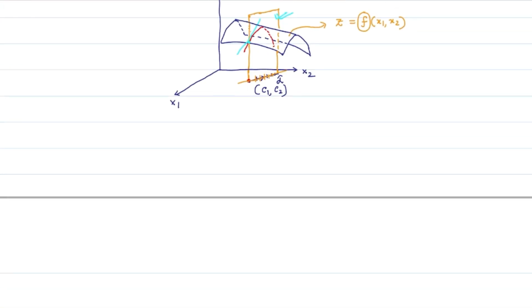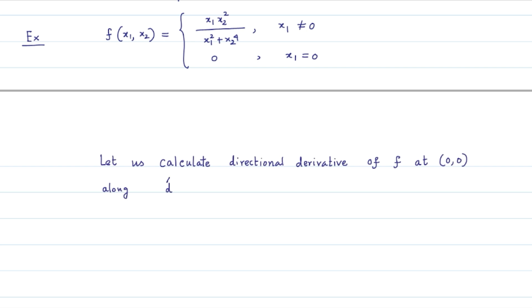So we consider the function f(x1, x2) given by x1 x2 square divided by x1 square plus x2 to the power 4 when x1 is not equal to 0, and 0 when x1 is equal to 0. For this function, let us identify the directional derivative at the origin of the R2 plane along any given unit direction.